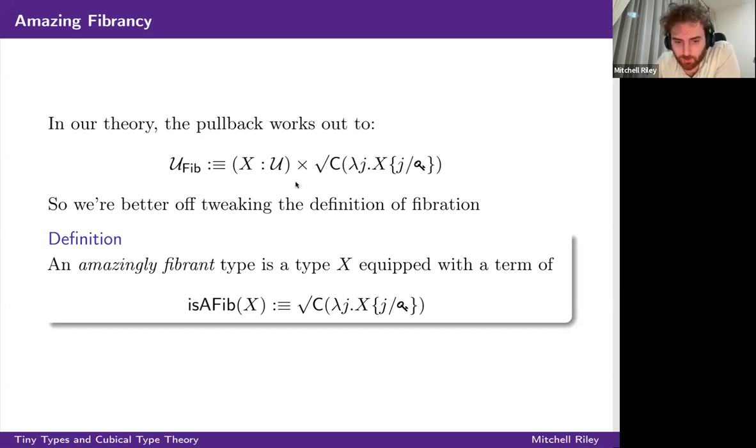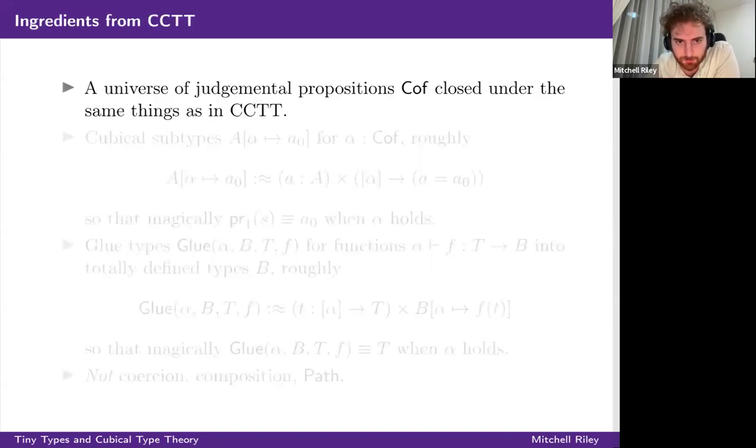Okay. So the first proposal is that we try and do cubical type theory with this notion of fibrant. To get this going, we're going to need to add some of the stuff from, let's say, Cartesian cubical type theory into this tiny type theory. So here are the things that I believe we're going to need.